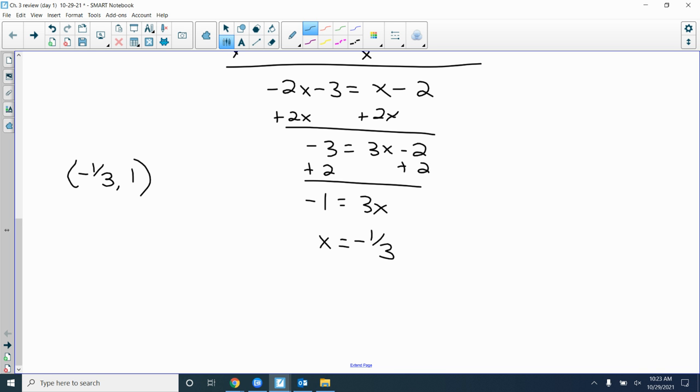Gives a little overview of the chapter, and then we're going to review a couple things while you're finishing up. All right, this just kind of goes through all of chapter 3.